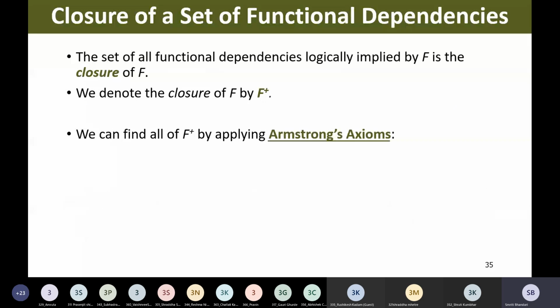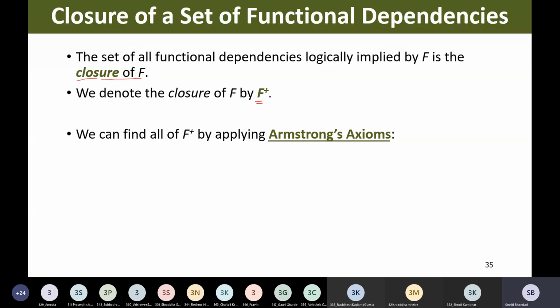So once again I'll repeat, the set of all functional dependencies logically implied by the given set F is the closure of set of functional dependencies F, and this closure of F is denoted as F plus.